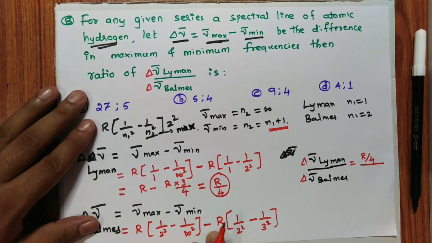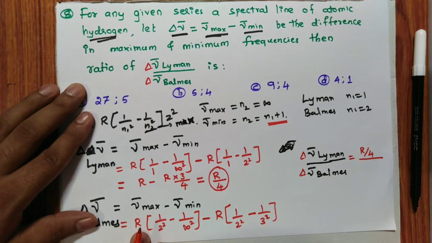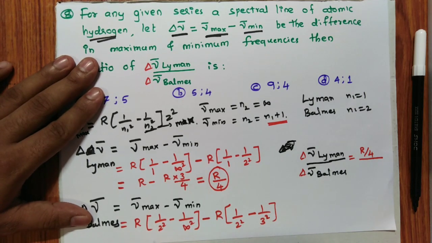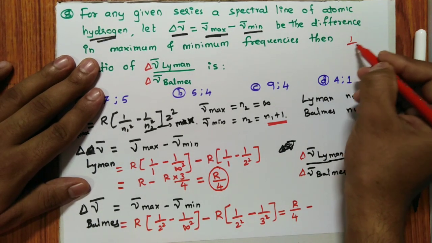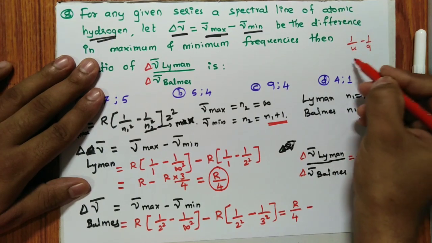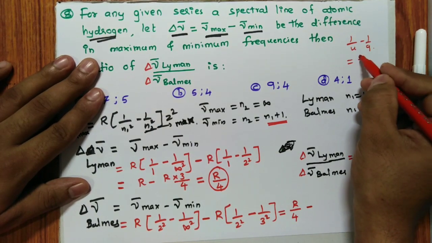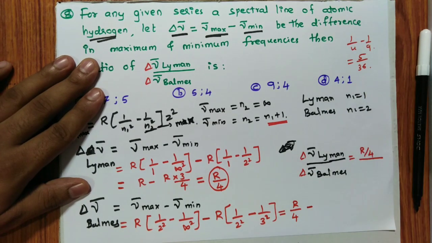Now you simplify this particular thing. The 1 by infinity square term is equal to 0, so we write 1 by 4. So R divided by 4 minus, here, 1 by 4 minus 1 by 9. 1 by 4 minus 1 by 9 is equal to how much? 5 divided by 36. Correct? So 5R divided by 36.